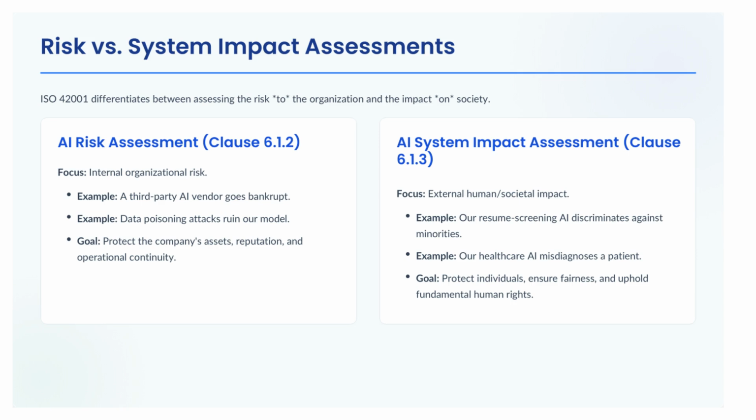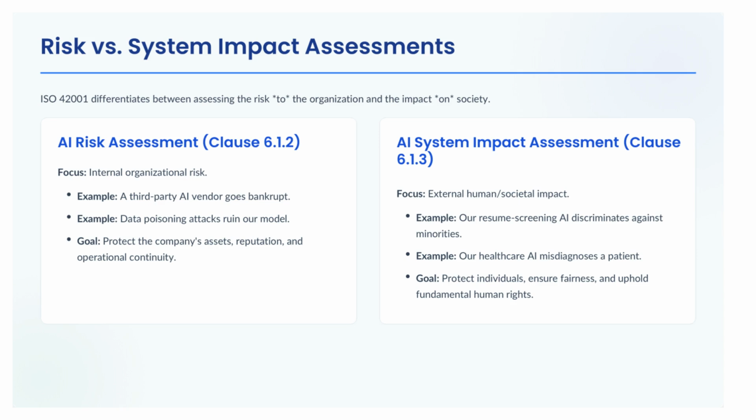So now we're looking at the risk versus system impact assessment, and it's the most important conceptual distinction in ISO 42001. Clause 6.1.2, which is AI risk assessment, has a direction of harm which is inward. So what would hurt the organization?